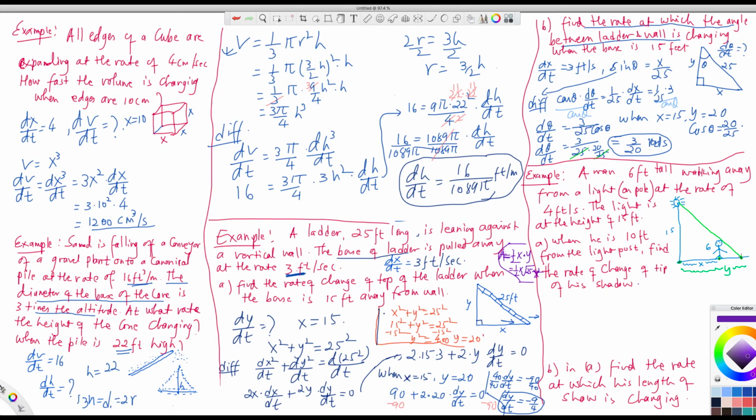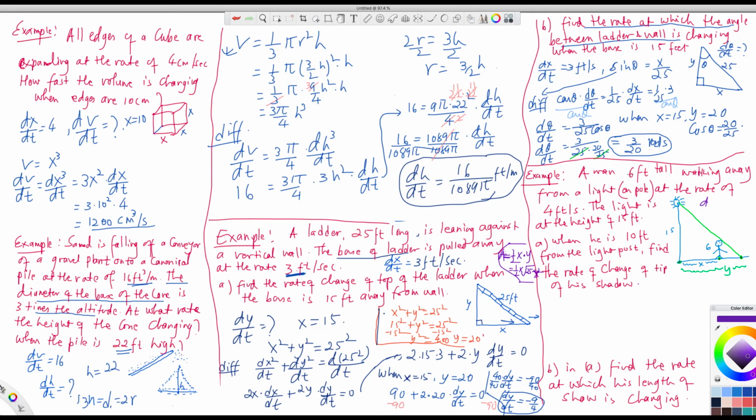Meaning, suppose that this is x. The x is the distance between the light post and the man, and the y is the distance between the light post and the tip of his shadow. Okay. On the first question, let me first write down the given information. The given information here is d.